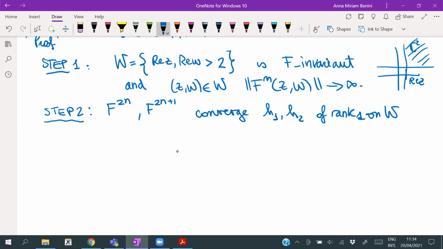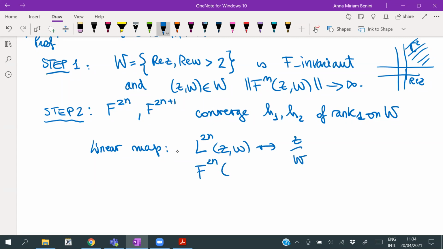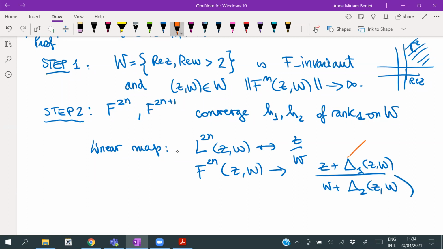Why? Because you remember the linear map. The linear map is the linear part of this function that we are considering, okay? The one that you will eventually be conjugated to. The even iterates were converging to the function Z over W, and you can show that for your true function with the perturbation term, they will converge to basically the same with some error term above and below, which is bounded uniformly on W. So this is really like a computation.